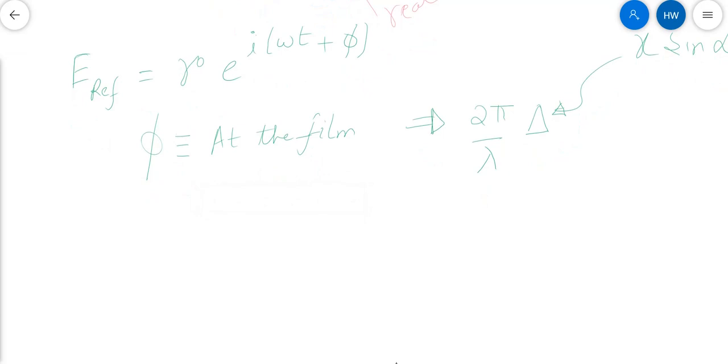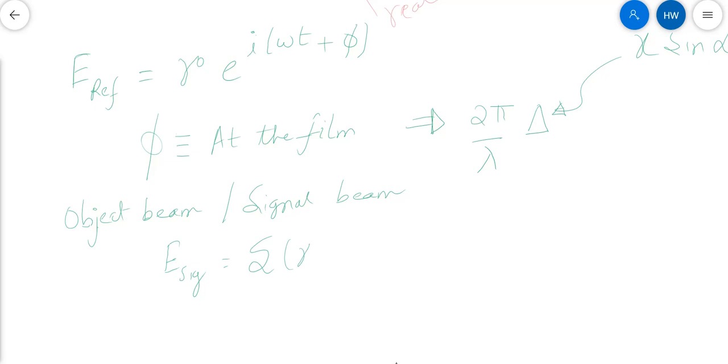That's my reference beam. Now if I'm looking at my object beam, or the signal, if you like, my E signal is simply S. Remember that the amplitude now is not uniform like in the other case.